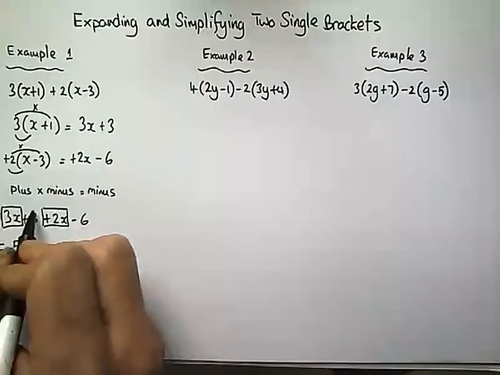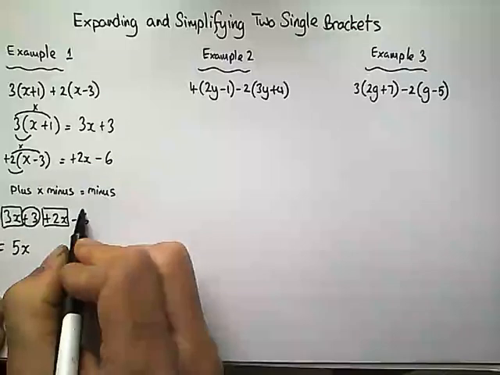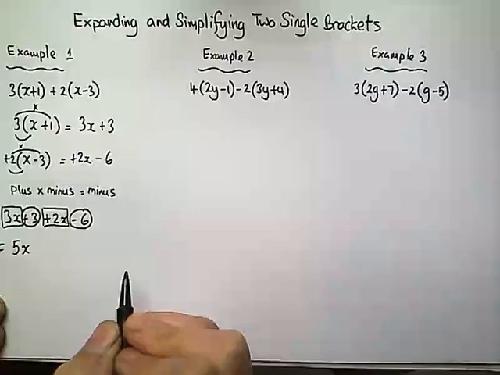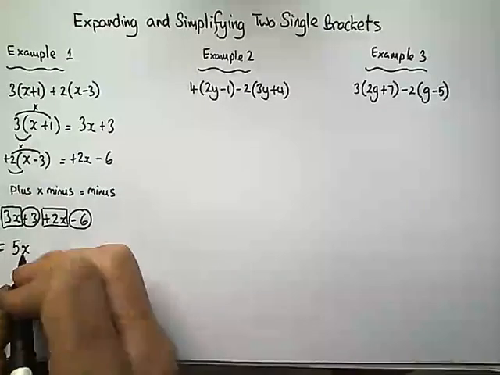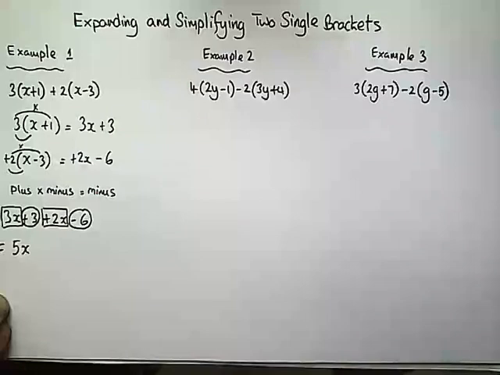And then I've got plus 3 minus 6. Well, that's the same as 3 take away 6. If we just count down from 3 and then into the negatives, and we need to count 6 times, then it goes from 3 to 2, 1, 0, minus 1, minus 2, minus 3.